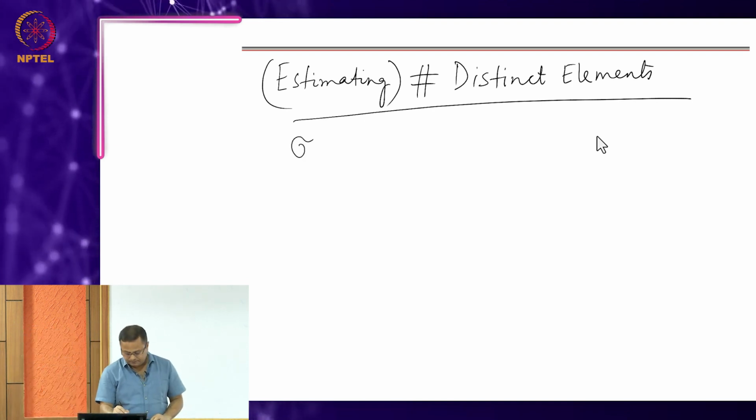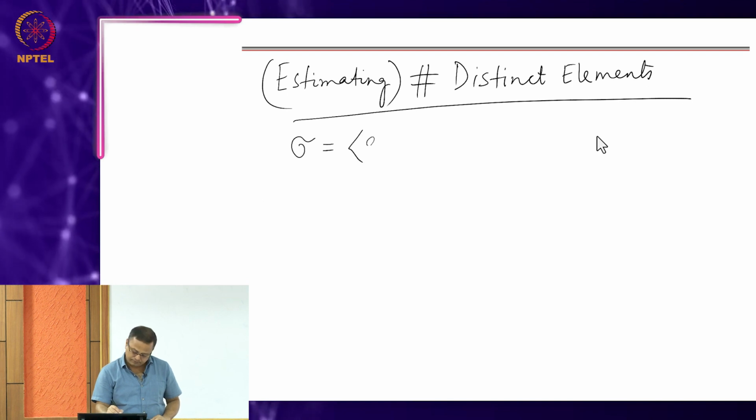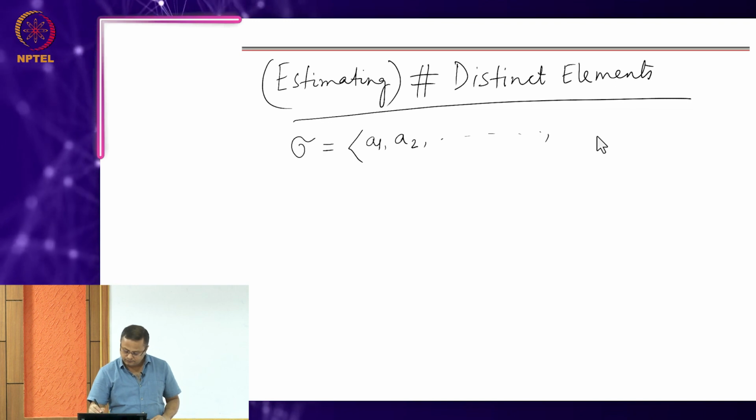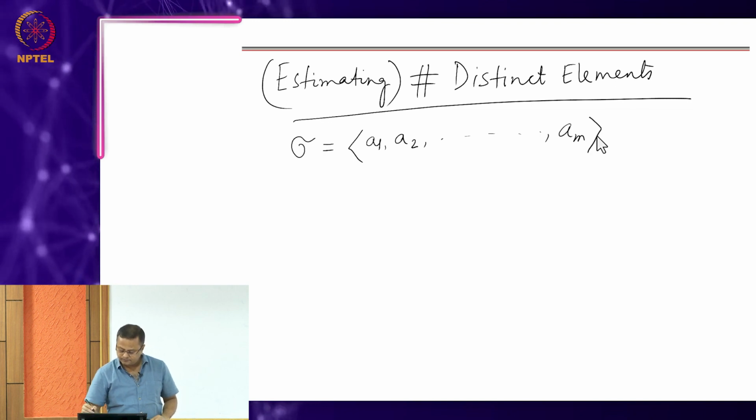So, I have a stream sigma of m elements.